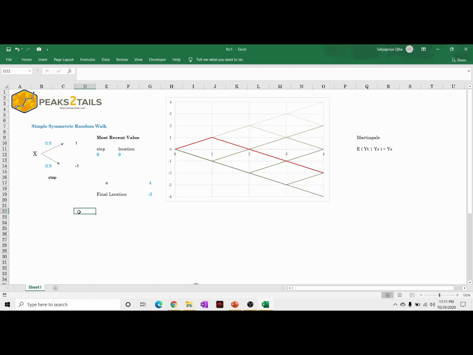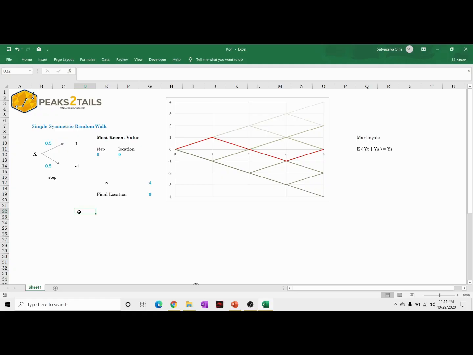All right. Now, because the sample path is random, my final location will have a distribution. It can reach any of the 5 terminal nodes, but the expectation or the average of all these possible paths will be 0, because there is equal probability of reaching each of those terminal nodes.